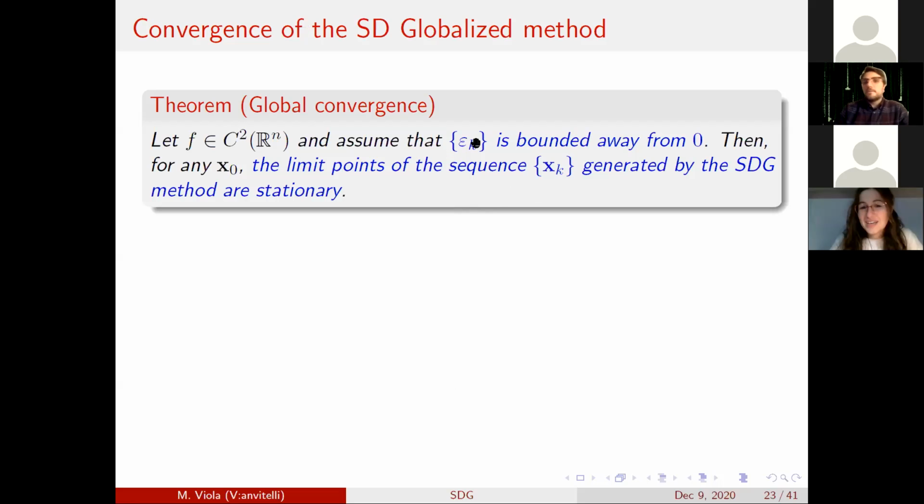So if you have the epsilon k bounded away from 0, then since we are using our Armijo backtracking, we can prove our results only in terms of limit points of the sequence x k, which will be all stationary. And then, since this is a globalization strategy, you would expect that if you use it, for example, with the Newton method, you can recover the nice local convergence properties of the Newton method.